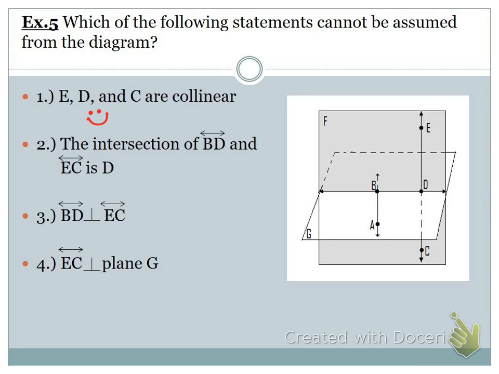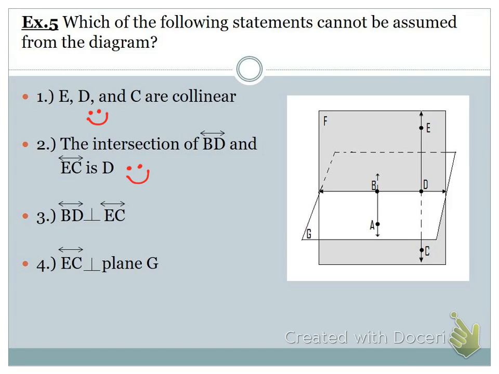So the line BD is this line here. Line EC is this line here. Do they intersect at point D? Yes, they do. That's fine. Smiley face, check mark. That one can be assumed.